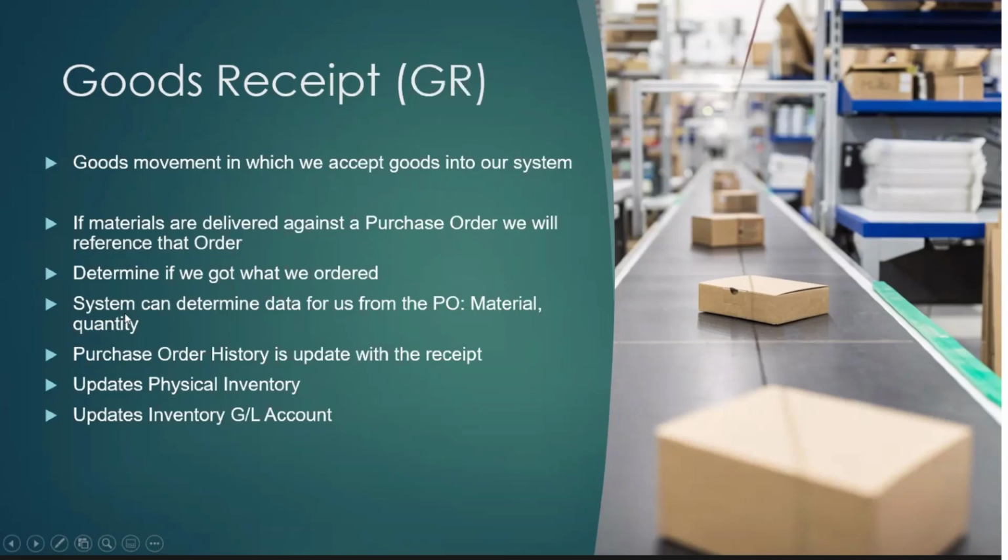Of course, since it is electronic, you put the purchase order ID in the system, and automatically you will see what material you ordered and what quantities, and then you can check if what you receive corresponds to what you ordered. Purchase order history is updated.